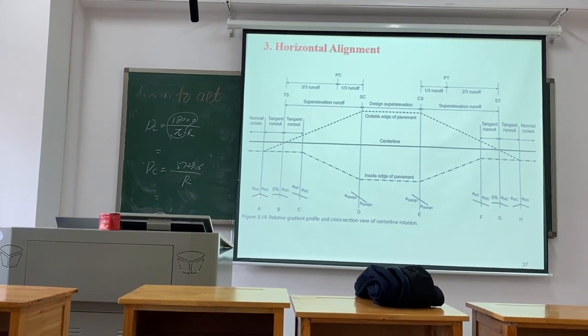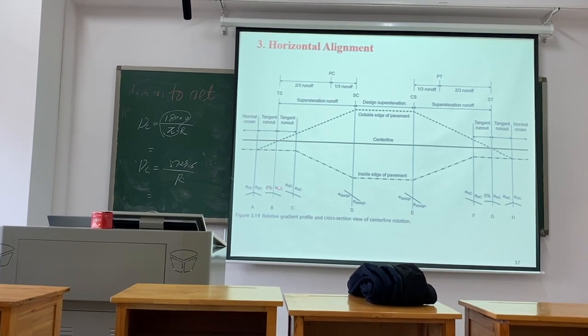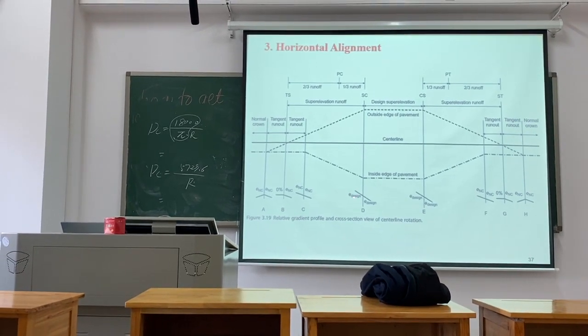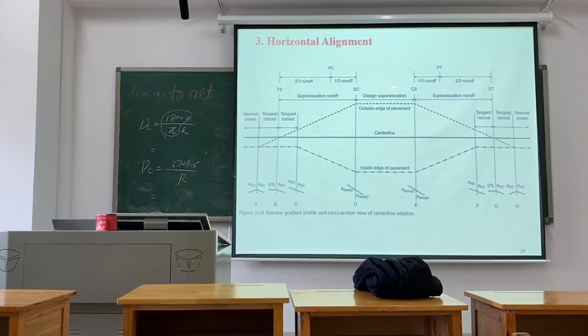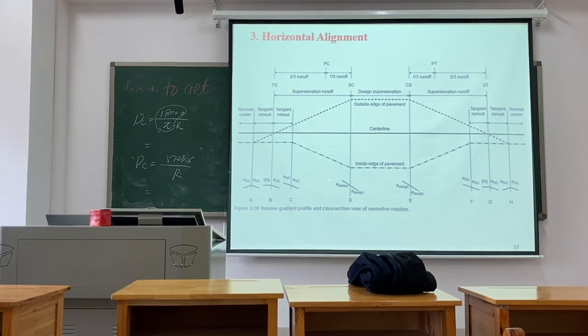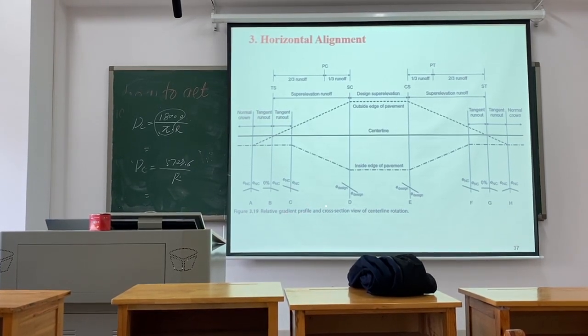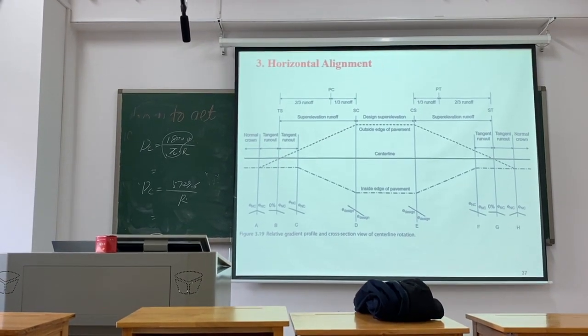From this, we can know NC 0 and NC design, set design, and change. So with this figure we can know the relative gradient profile and the cross-section view of central line rotation.